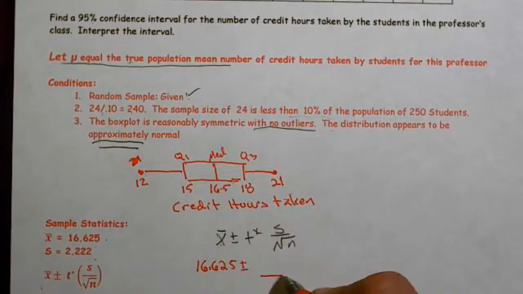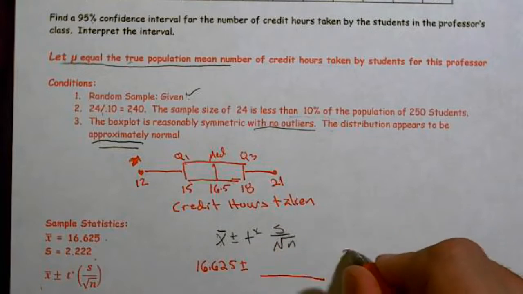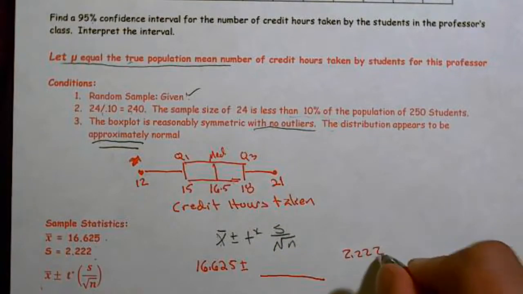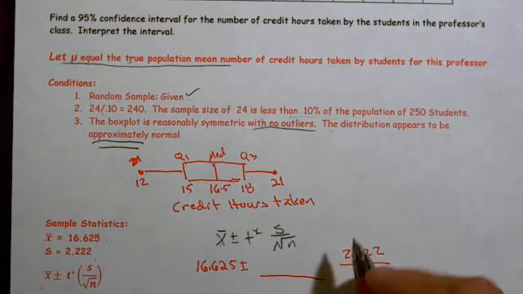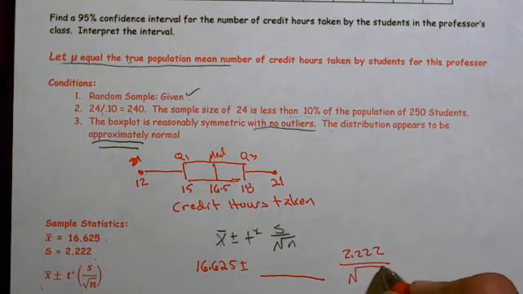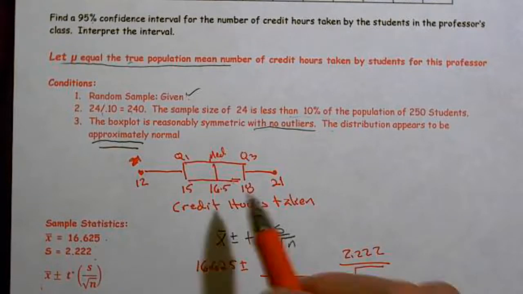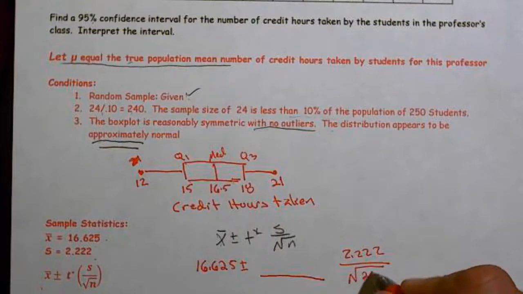I'm going to always leave a space for t star because I'm going to come back and have to fill that in later. We said our standard deviation in this case was 2.222 divided by the square root of, my sample size we said was 24. So I have this information.